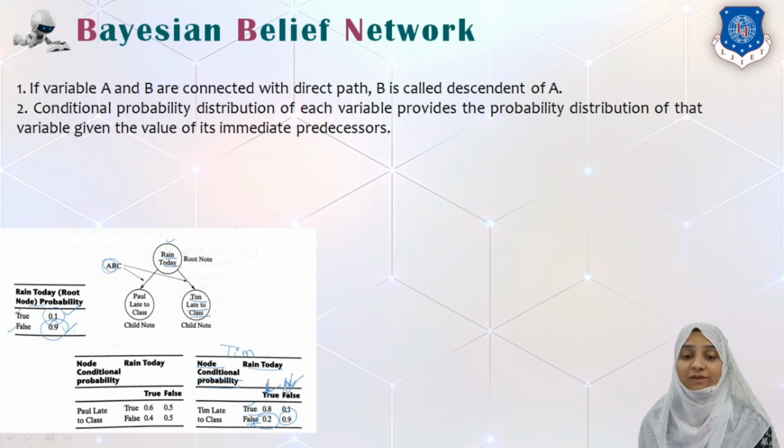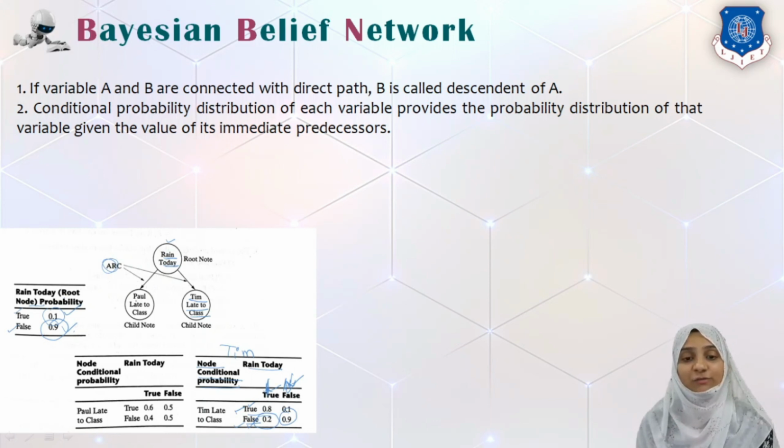So here we have considered two different outcomes of its predecessor, that is, true and false, and the node's own event, Tim is late to class, also has two different outcomes, true and false. So we have mentioned all the different probabilities for Tim getting late for class.